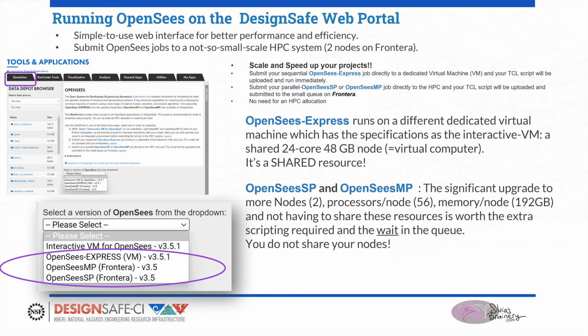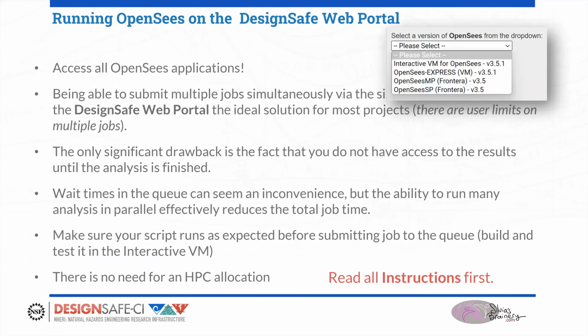And as much as now you have to kind of wait in a queue, the runtime is just so much faster, especially if you've prepared your script ahead of time, that it's really worth the wait in the queue. And uploading your scripts is easy, and you can actually upload a few different jobs if it's a relatively large project itself. Okay, and so now you can have more than 2 nodes, but of course there's limitations per user.